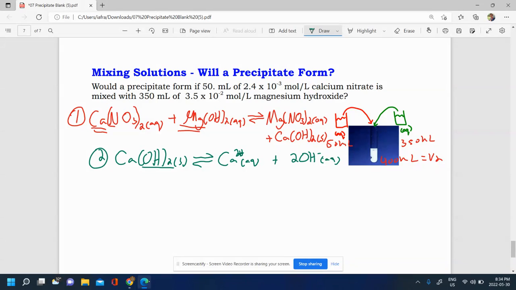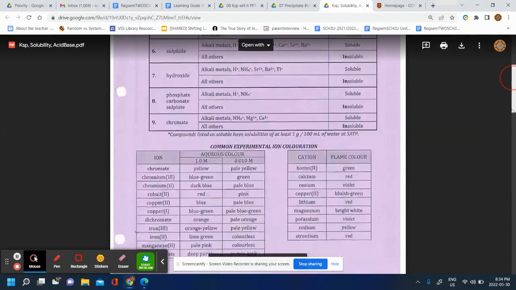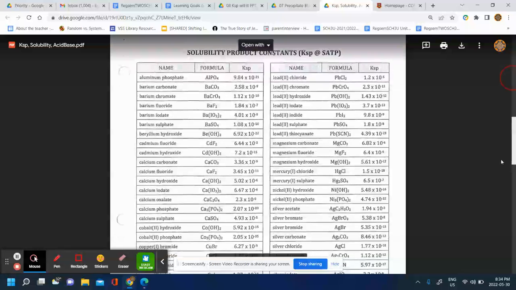And so we know that the QSP is going to be equal to the concentration of calcium 2+ times the concentration of OH-, but that's squared because of the 2 there. And our KSP for calcium hydroxide, let's go find that before we continue, is 5.02 times 10 to the power of -6.